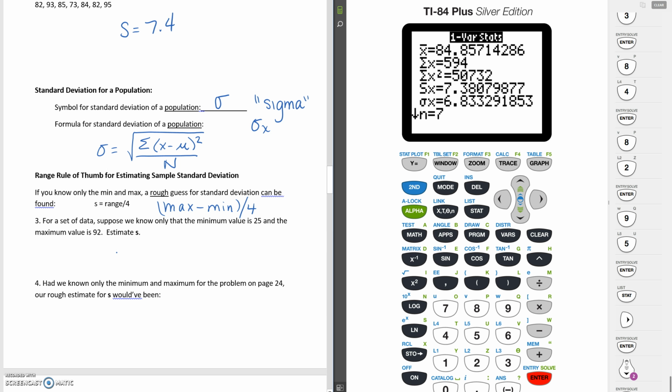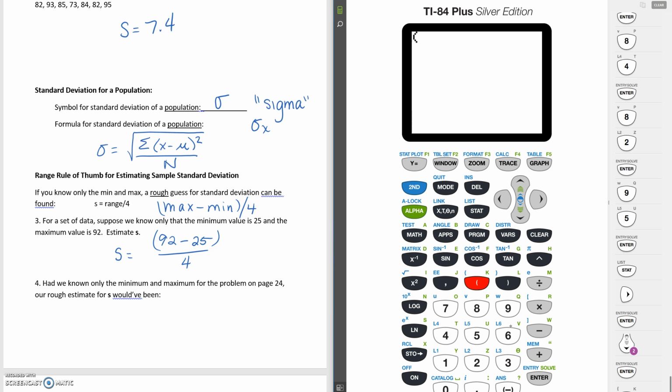Estimate the standard deviation. So we'd find the range by taking the maximum 92 minus the minimum 25 and dividing by 4. If you're doing this on your calculator, remember to put parentheses up top. So 16.8 is what we would have here.